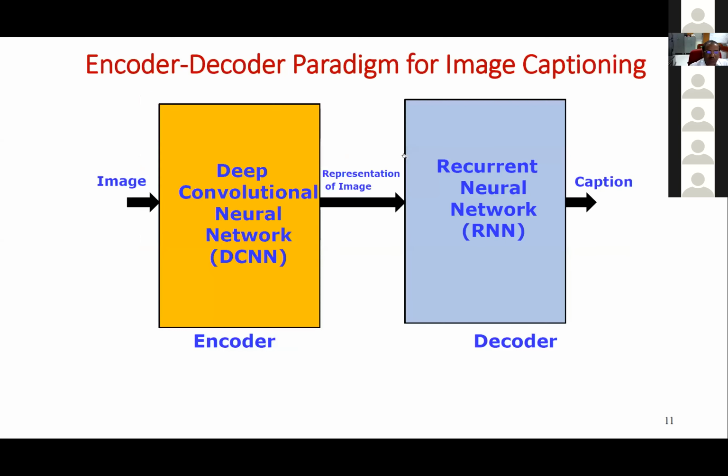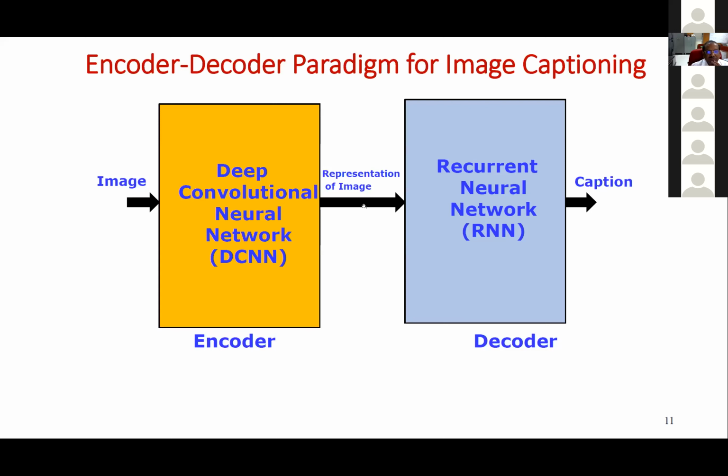Okay, so the typical structure of a system which performs this image captioning is what is known as the encoder-decoder paradigm, where there is an encoder which takes the image as input, and typically it's a deep CNN like a VGGNet or ResNet or any of these models. So the purpose of this deep CNN, which acts as the encoder, is to get some representation of the image as a feature vector, right?